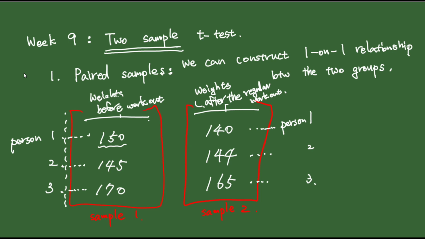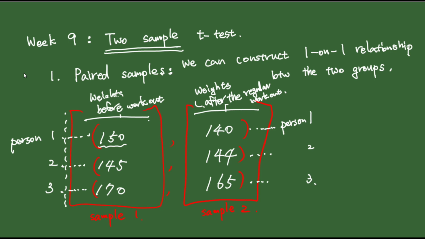So in that sense, we can think of these two numbers, 150 and 140, as a pair, because both of them are related to person 1. And 145 and 144 become a pair because they are related to person 2. So as the 170 and 165.